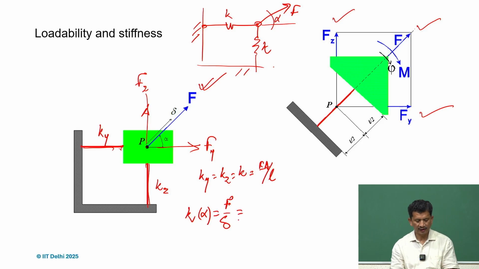What we can easily find out, and we also discussed in the previous part when we were talking about designing for a stiffness, is that it will be nothing but simply K, the stiffness of the individual elements.